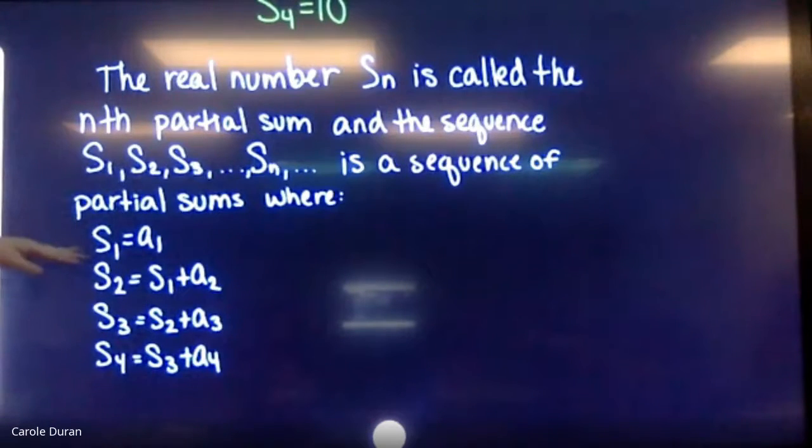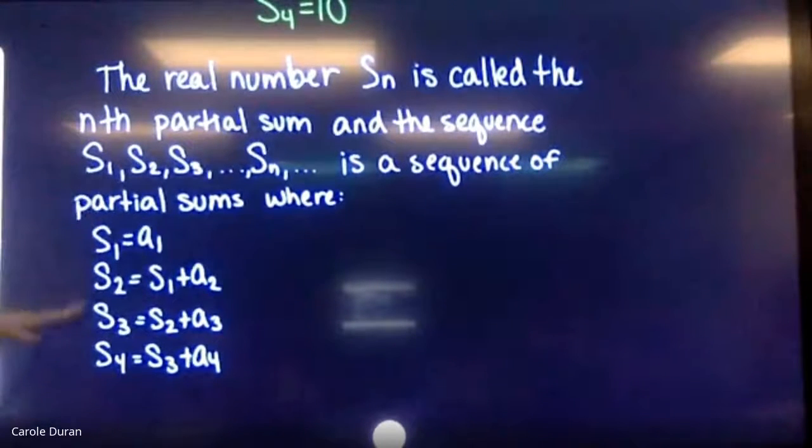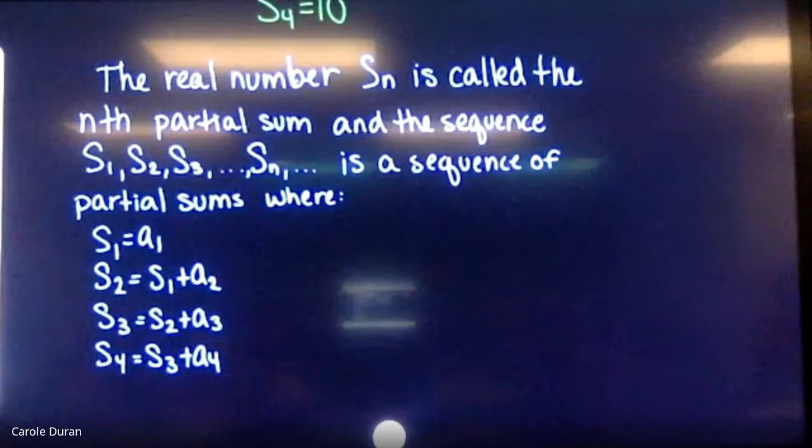So S1 would simply be the sum of the first term. That's it. S2 would be the first partial sum plus the next term, A2. My third partial sum would be the previous sum, S2, plus A3. So each partial sum takes the partial sum from before and adds the next term to it.